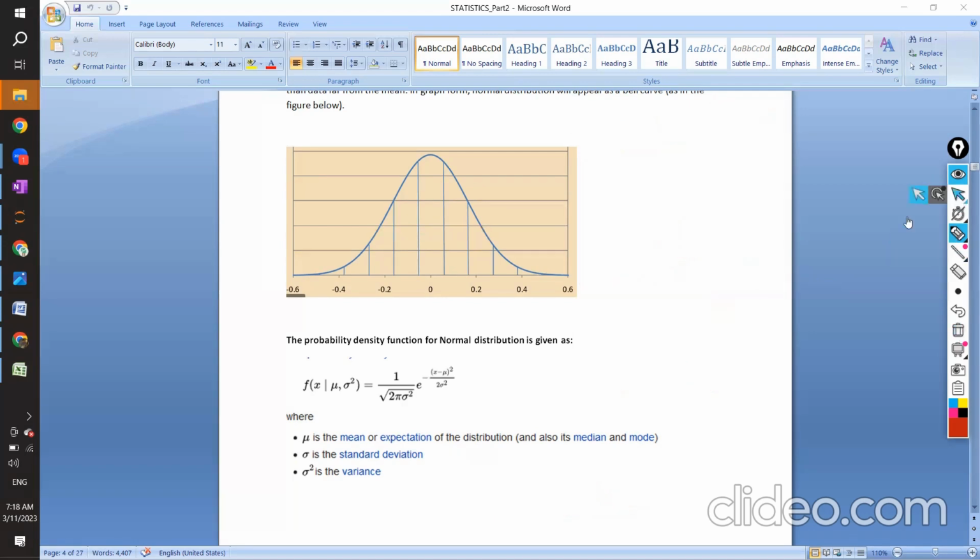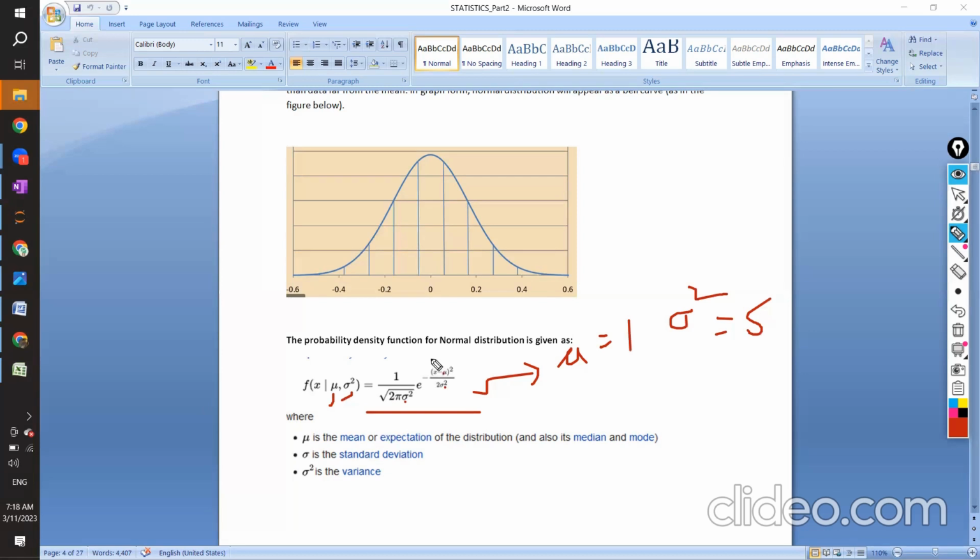Fine. And this function will give you the probability for a specific normal distribution whose parameters are mean and rho square. So if my mean is 1 and my rho square is 5, you replace these in the equation and you will get some equation.